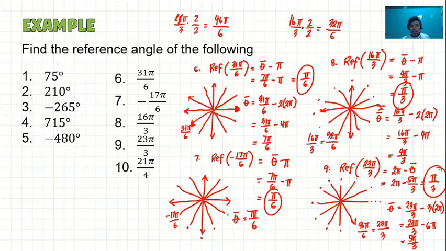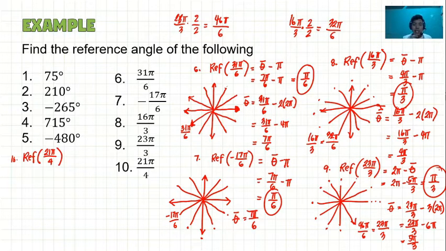Now for the last one, for number 10, we need to know the reference angle of 21 pi over 4. Now, we know that pi over 4 is equal to 45. So we cannot do the same as the previous angle because it is pi over 4. So over 4, you cannot make it 6, right? So we cannot divide it into 30 degrees.